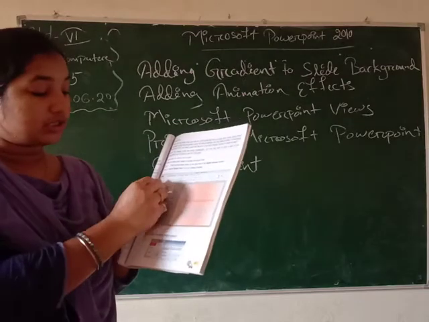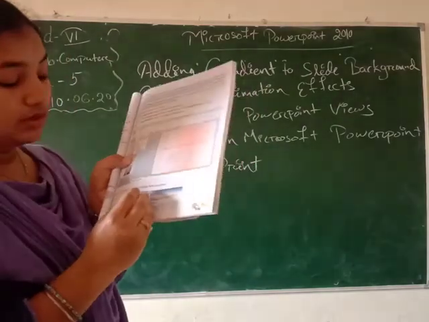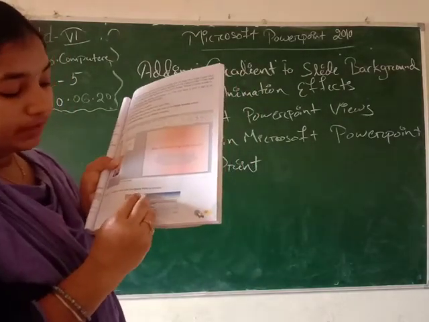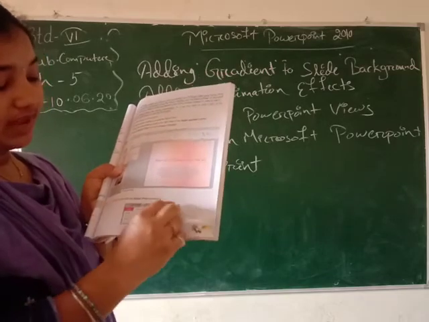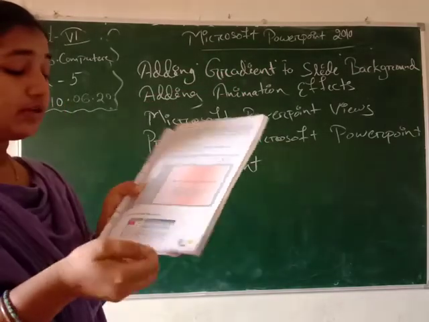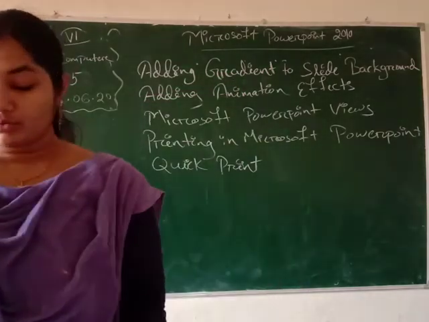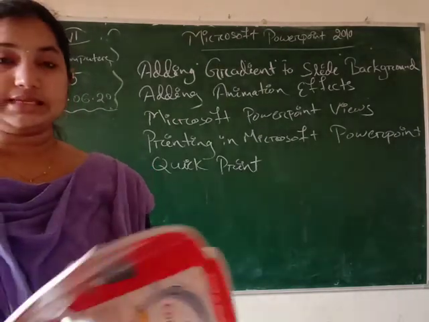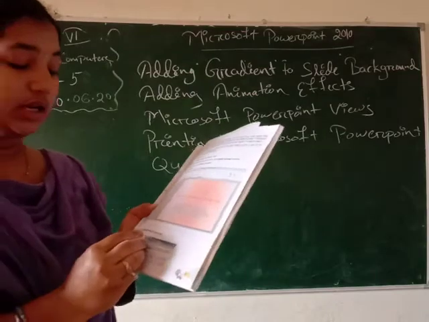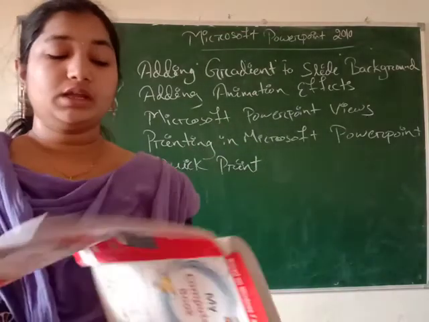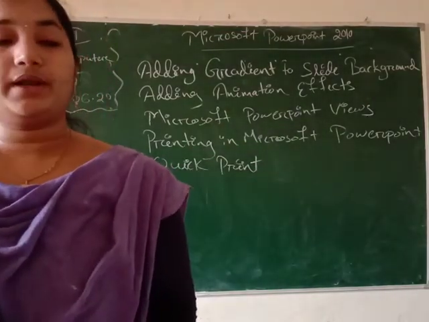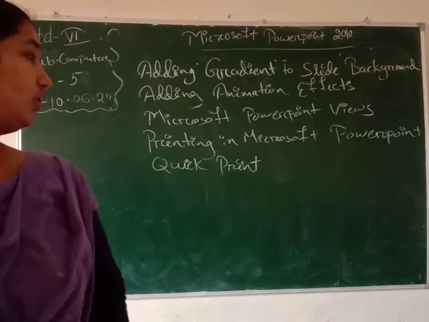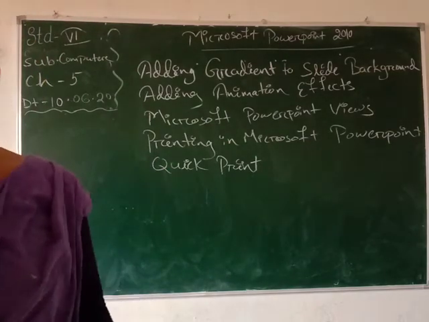You have seen one printer option has come in this toolbar. So whenever we want to give the instruction of quick print, we can easily click on that and it will print our presentation.